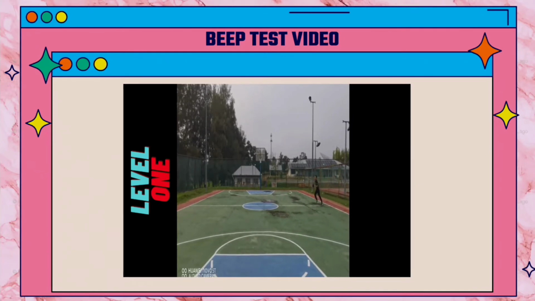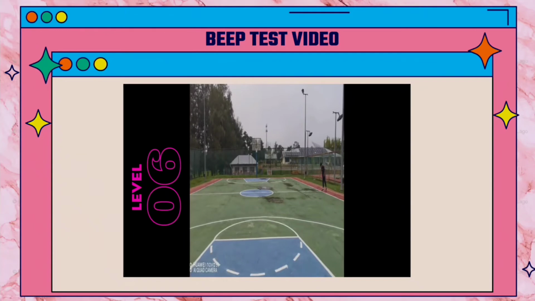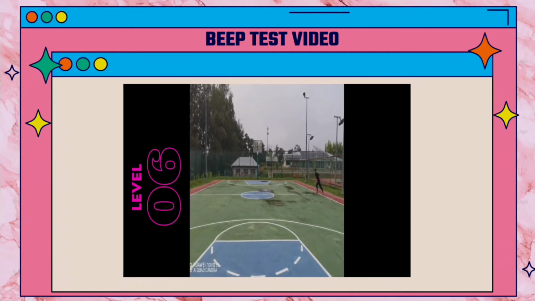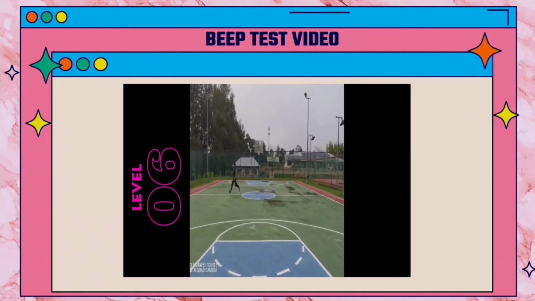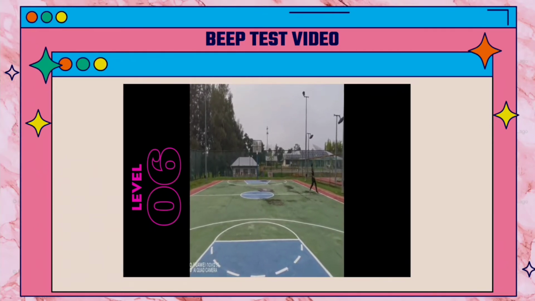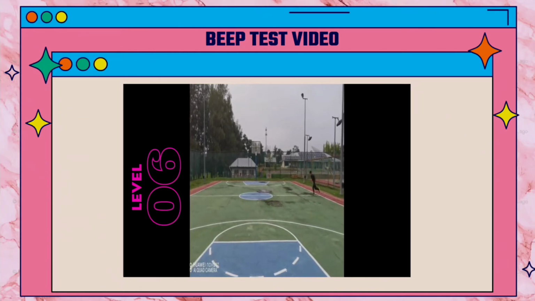Level 1, 3. Start level 6, 1. Level 6, 2. Level 6, 3.